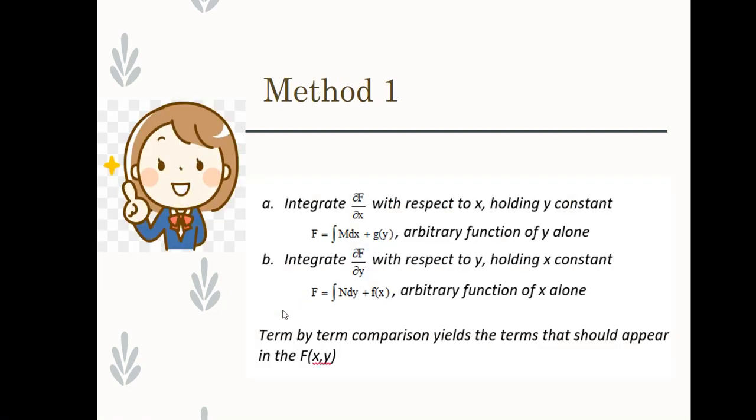Now we move on. There are two or three methods available, and probably two would already work in determining f, the solution of your exact DE. The first method is this. You need to integrate the partial derivative of f with respect to x, holding y constant.